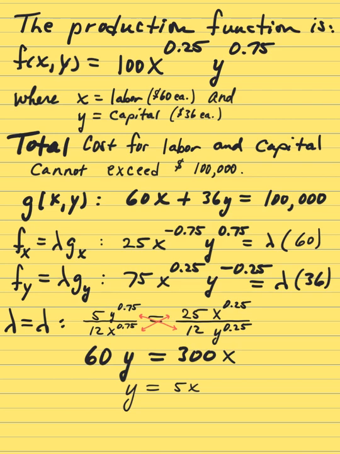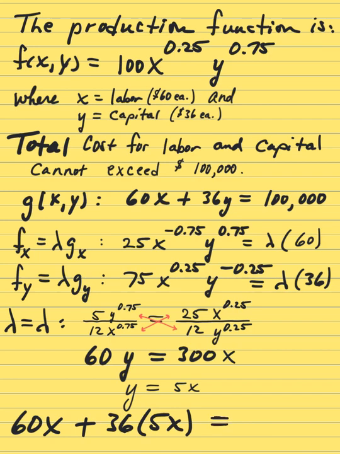In the constraint, substituting y with a 5x, that's going to give us 60x plus 36y, but we're going to write it with a 5x, is equal to 100,000.